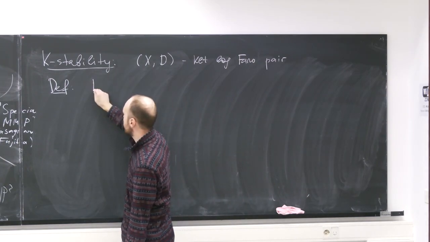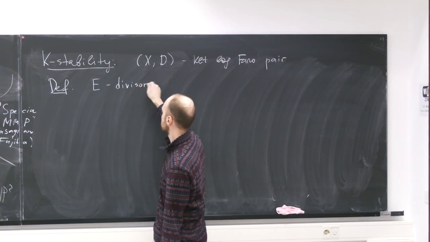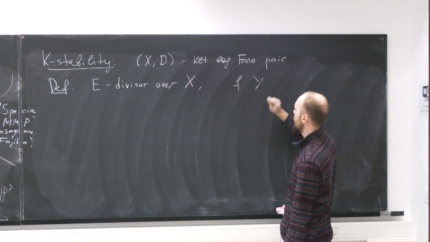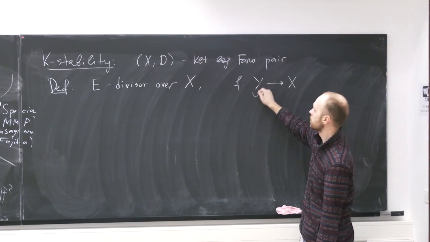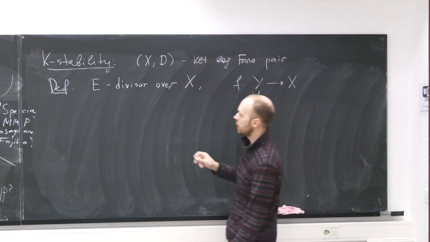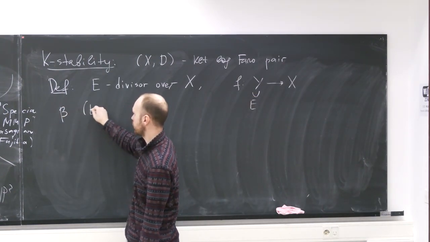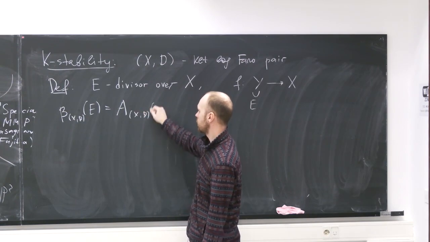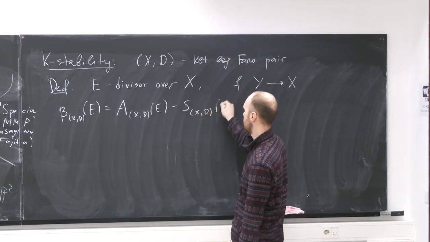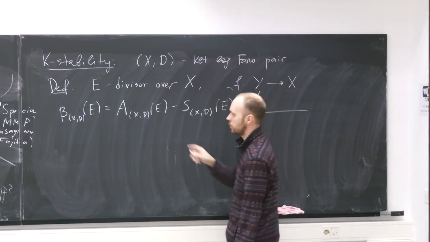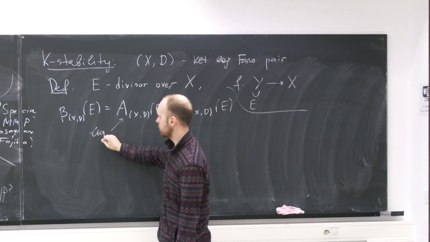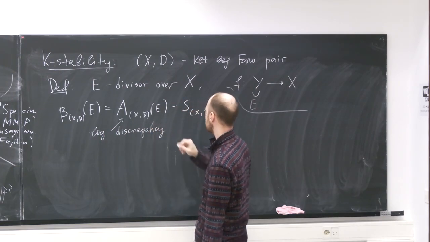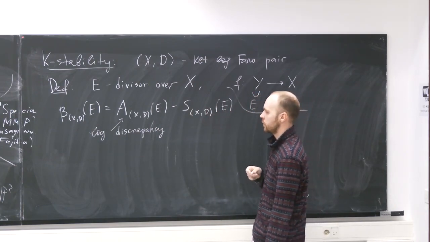So assume that E is a divisor over X, which means that there exists a birational morphism f from Y to X and E is a divisor on Y. Then, by definition, the beta invariant of E with respect to the pair (X, D) is a difference of two numbers, A(X, D)(E) and S(X, D)(E), where A is a number called log discrepancy, and S is called expected vanishing order.